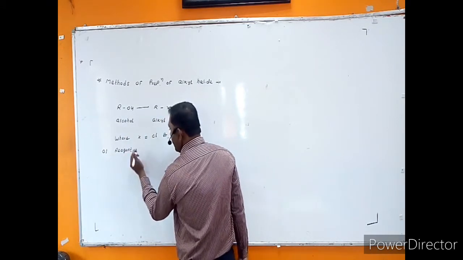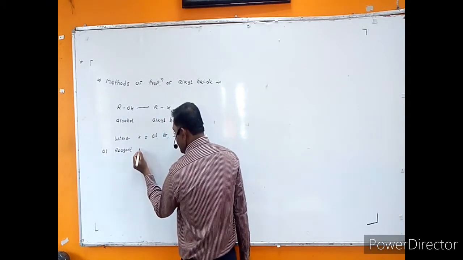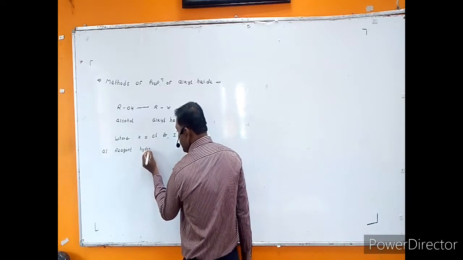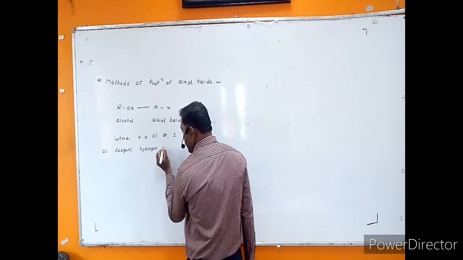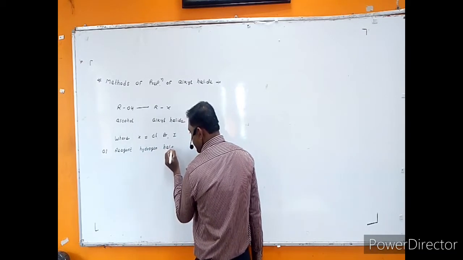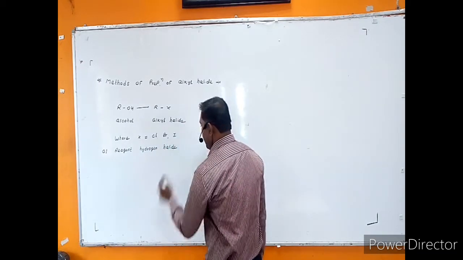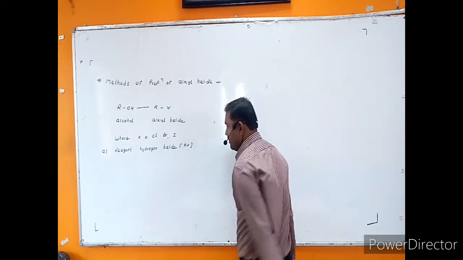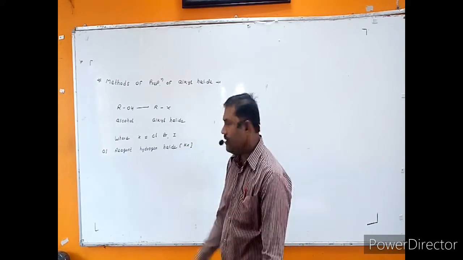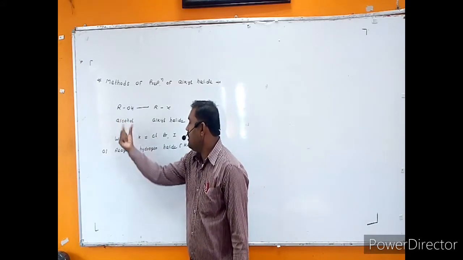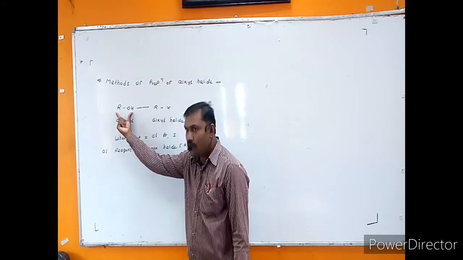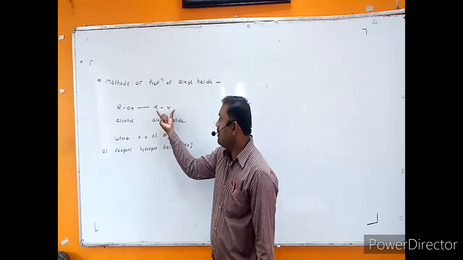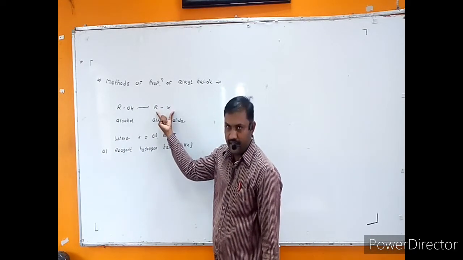We have to use a reagent which is hydrogen halide, generally represented as HX. Clear? Hydrogen halide means we have to react alcohol with hydrogen halide, then one can get an alkyl halide.